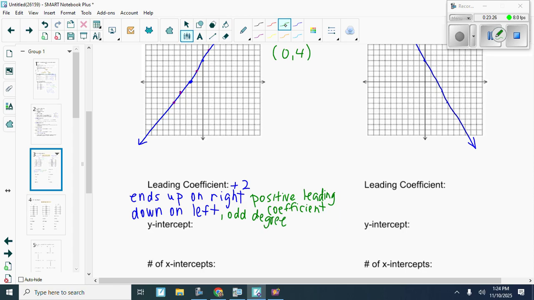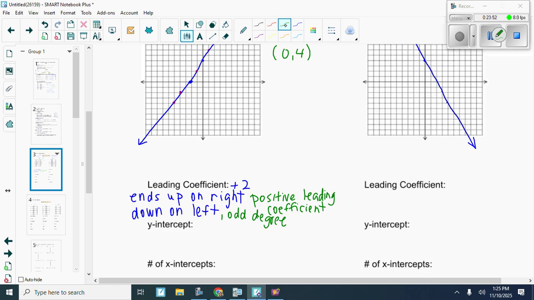Okay, I'm going to write some details and I'm going to talk to you about it. The description that I want, and I'll tell you why I'm using 2 different colors. So the description is it ends up on the right because of the positive leading coefficient. So it goes up at the right because it's a positive leading coefficient. And it's down on the left because this is a degree 1.